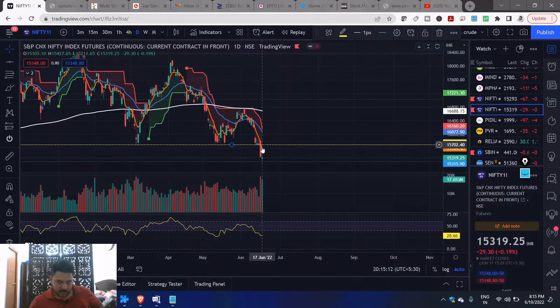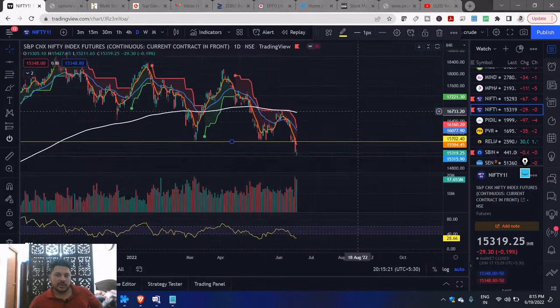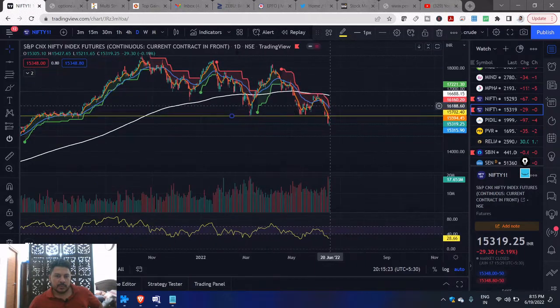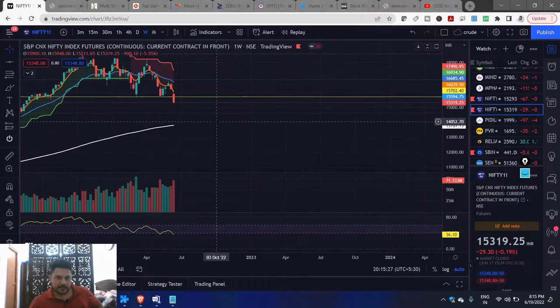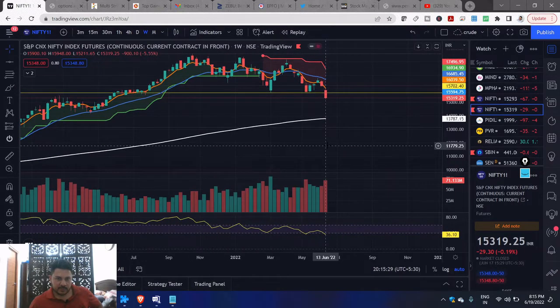Double bottom, triple bottom broke with a full volume big candle. Definitely it is bearish. It is not a time to go long on Nifty. So we will go to higher time frames and mark our levels. Let's see if we can find a good level where the market can stop. Yes, this is a level.